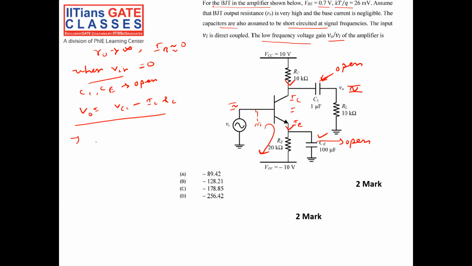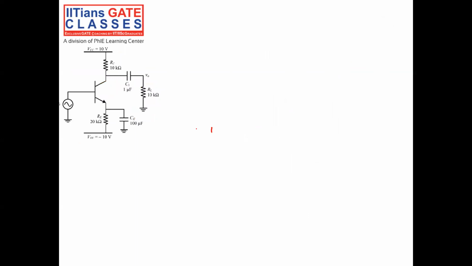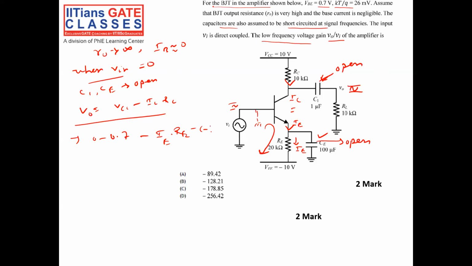What is that loop? 0 minus VB is 0.7 minus IE into RE. This is IE, right? Then minus IE into RE minus V is 10, minus 10, equal to 0.